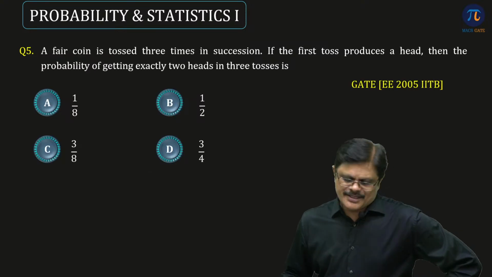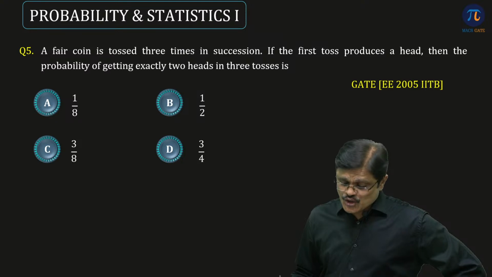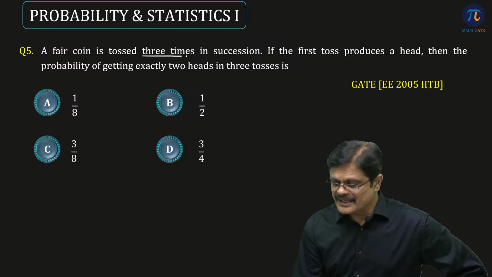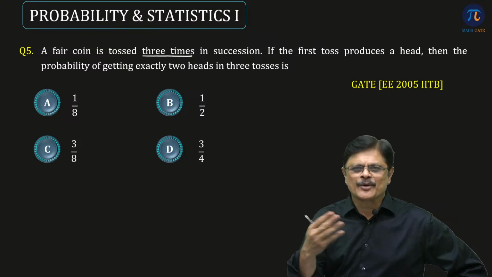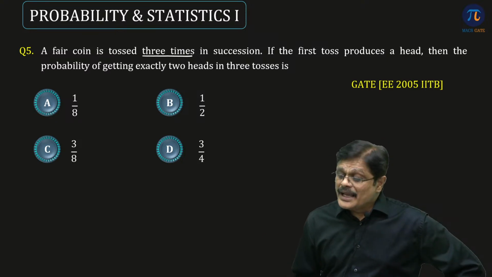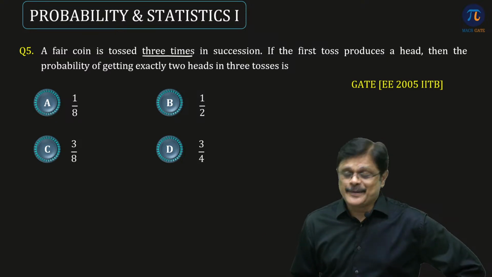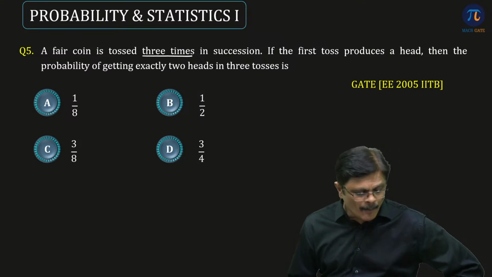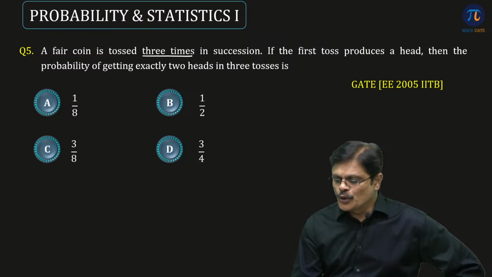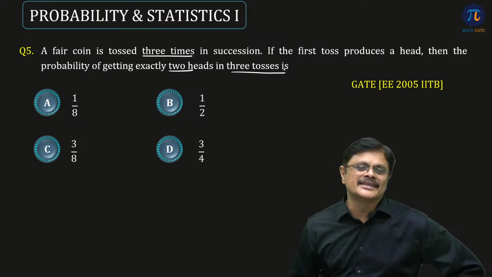So the next problem, sir. A fair coin is tossed 3 times in succession. That is, you toss the same coin 3 times. Read the question carefully. If the first toss produces a head, then probability of getting 2 heads in 3 tosses.